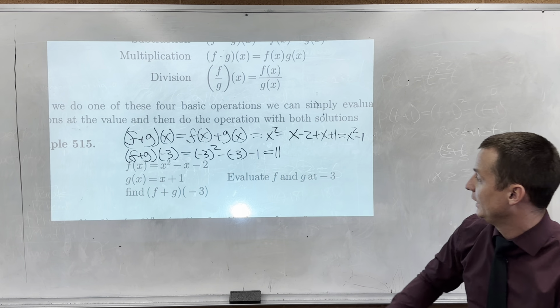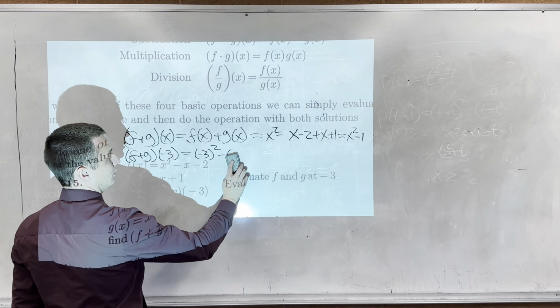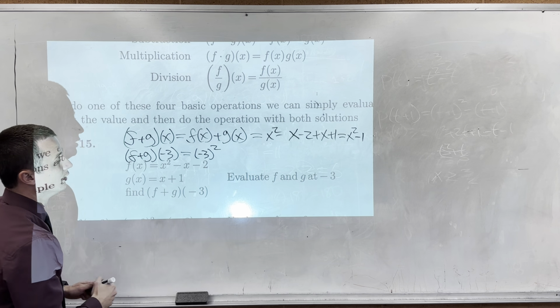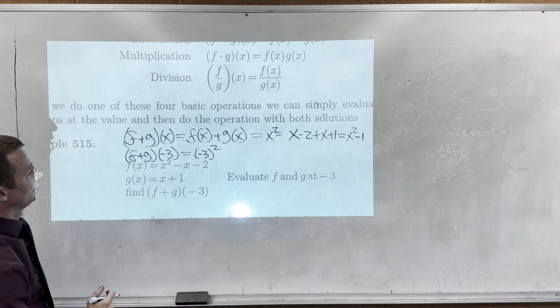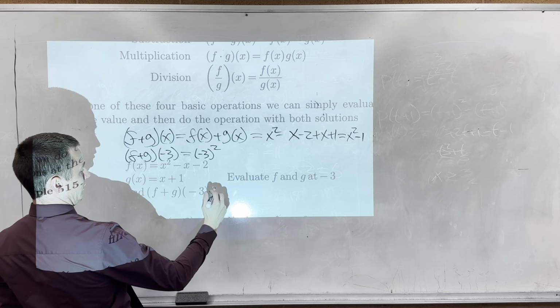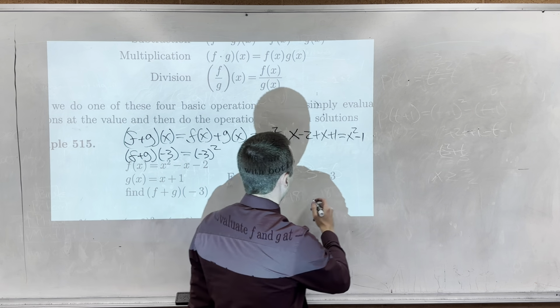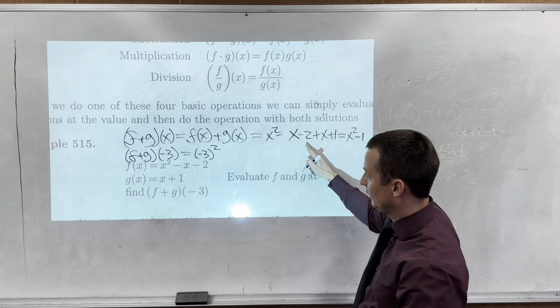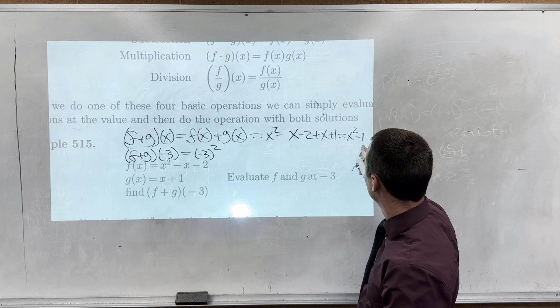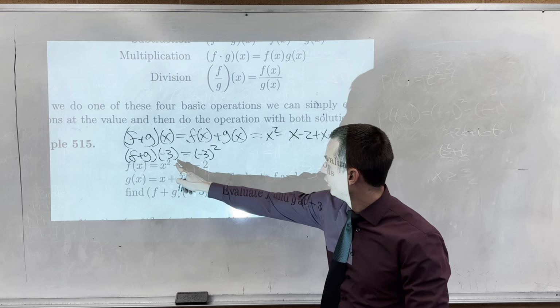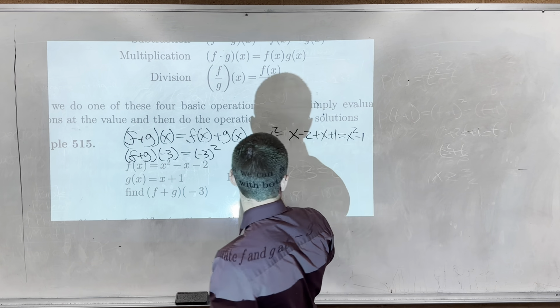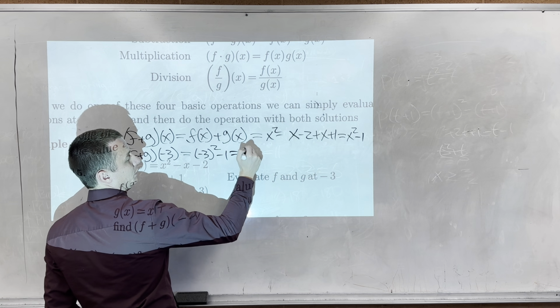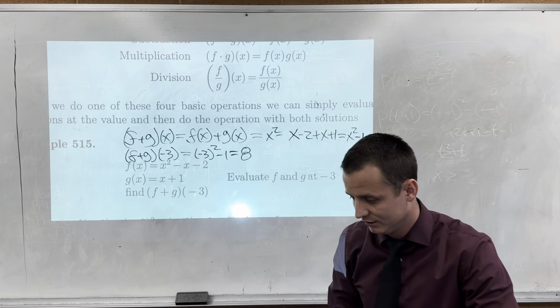Okay, now plug in the -3. And why am I doing a -1? It's a +1. Come on, guys. Oh, because that's a -2. Okay, we're right. So that's -3 squared minus 1, which should be 8. He still has 10, doesn't he?